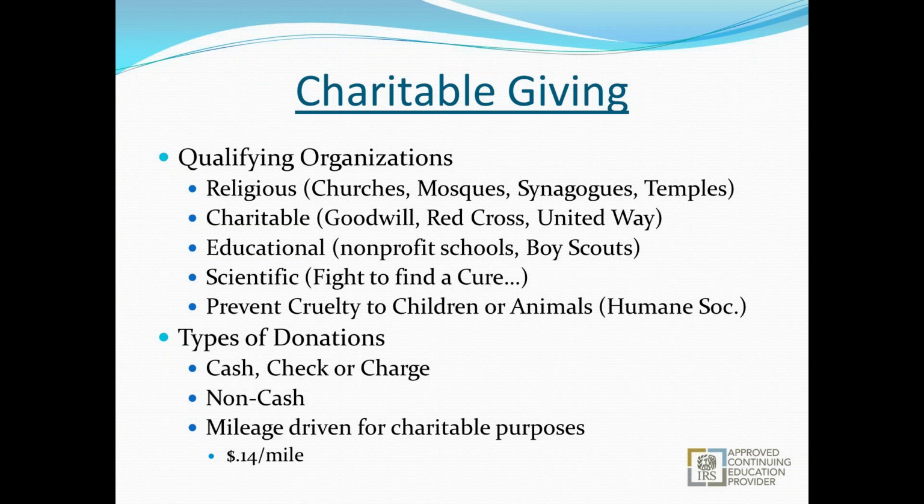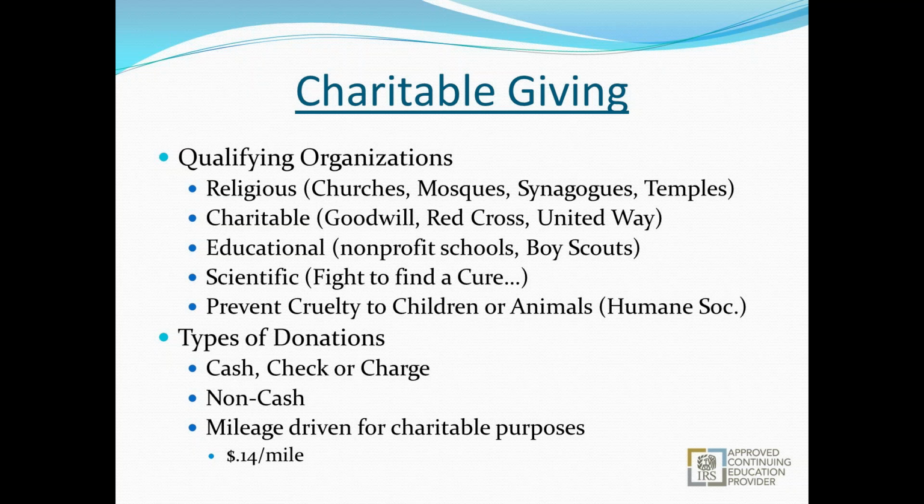I mean, they're all going to be nonprofit, but the large amount of different things out there that qualify for this. Scientific, the Susan G. Komen Fight for a Cure, different children's hospitals or medical organizations, things that prevent cruelty to children or animals. So the Humane Society, the ASPCA, a lot of these types of things are going to be considered deductible.